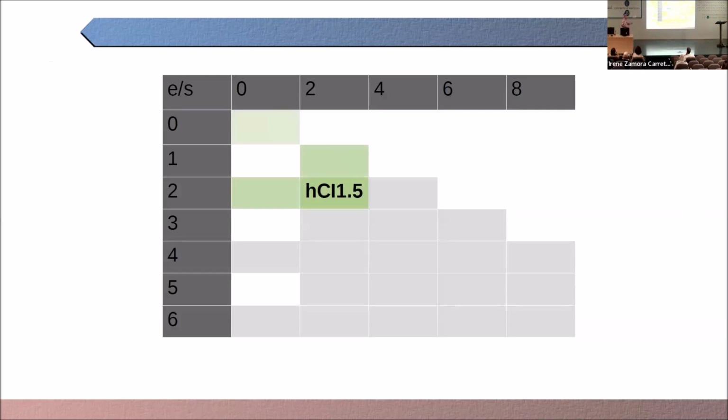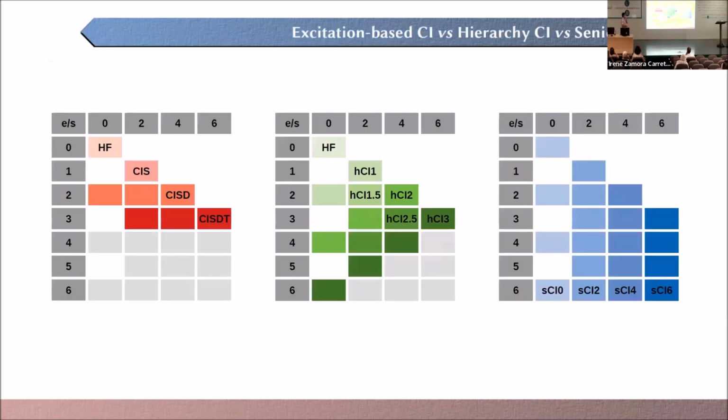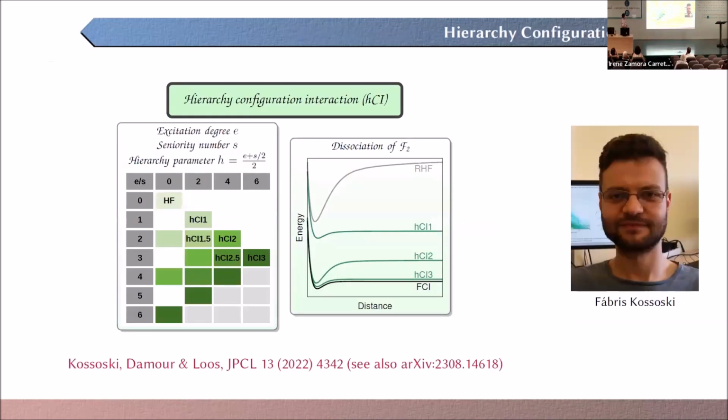Just to keep the cool polynomial scaling of excitation-based CI, but take high seniority determinants that are more important when you have strong correlation. So it's a way of having a better balance between weak and strong correlation when you want to do dissociation of diatomics and so on. Okay, all right. So you have those different maps. That's what we've done with Fabrice, who's a postdoc in the group.